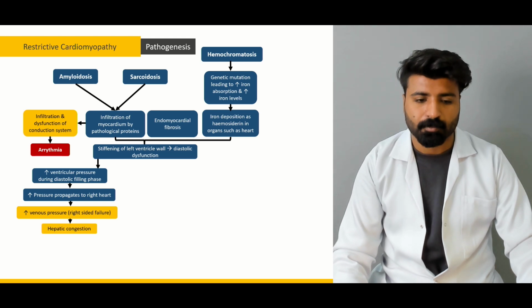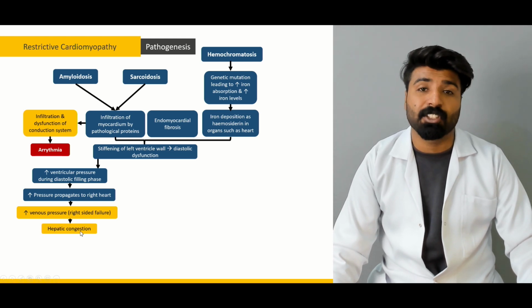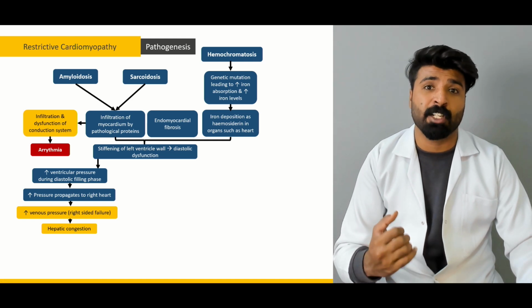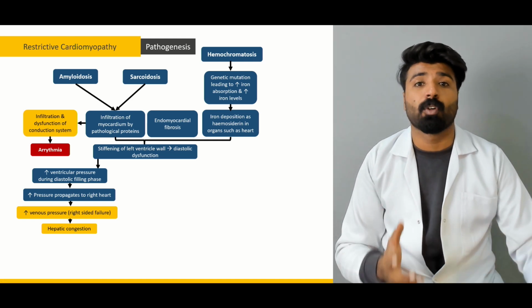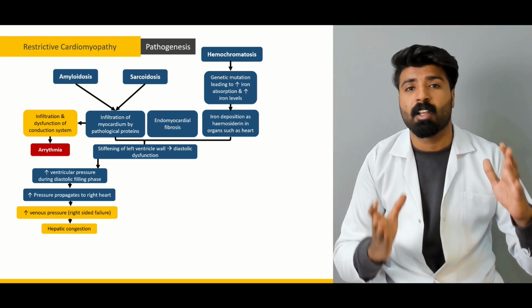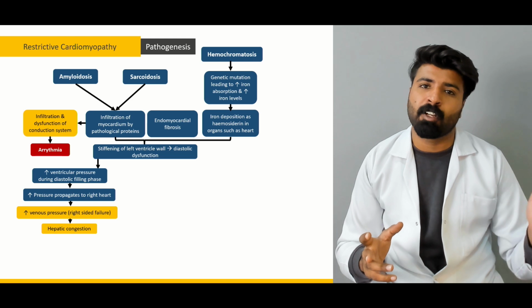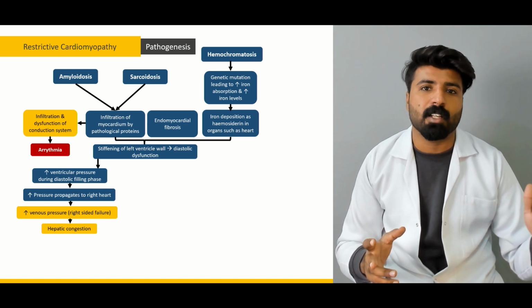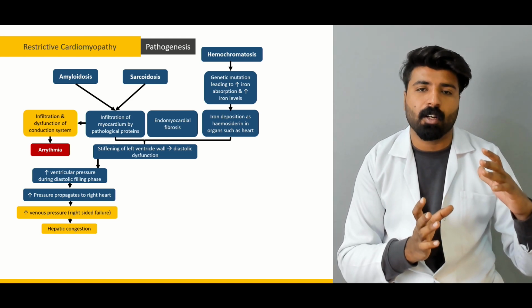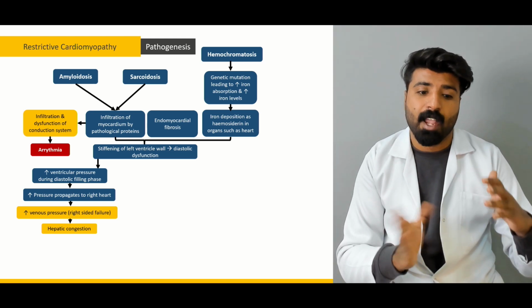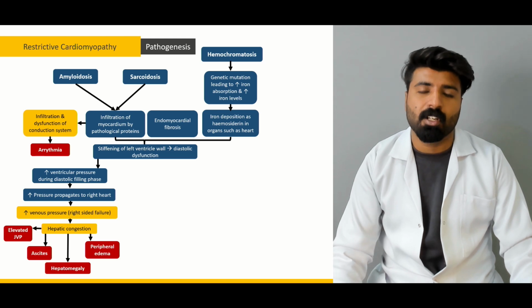This will lead to hepatic congestion, because the right side is not taking the blood in. When the right ventricle and right atrium are affected, all the blood coming from the different organs, from the vena cavas, will be under a lot of pressure and a lot of resistance, and that will lead to hepatic congestion.